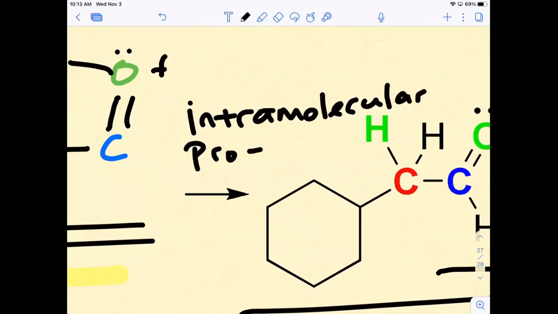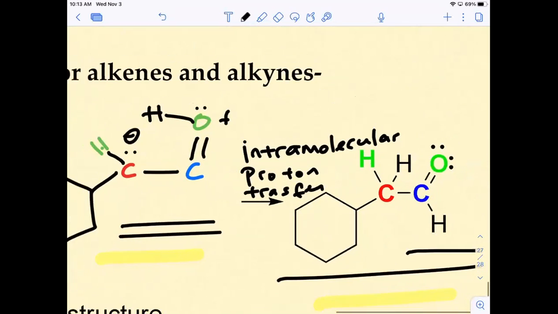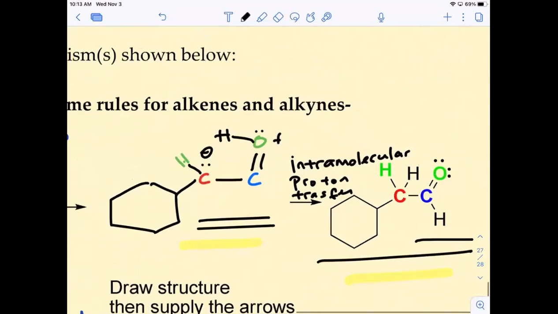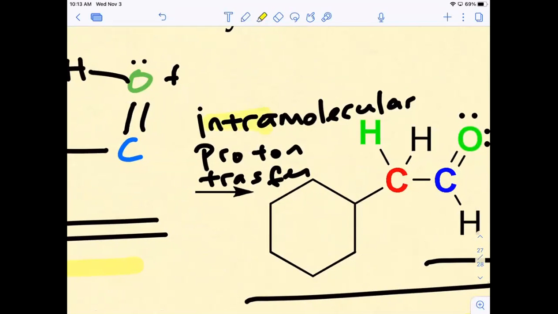I just talked about this in my other class too. Intra simply means that it's happening within the same molecule, right? Inter would mean that there's something external that's reacting. Intramolecular means that it's happening in the same molecule.